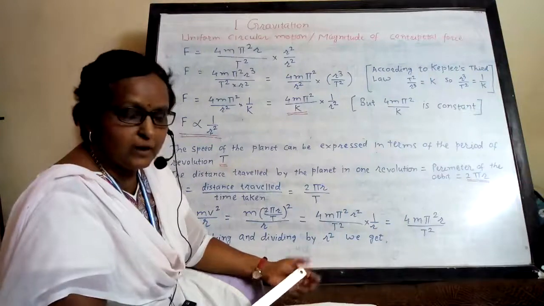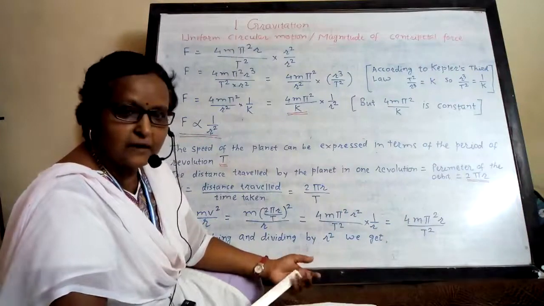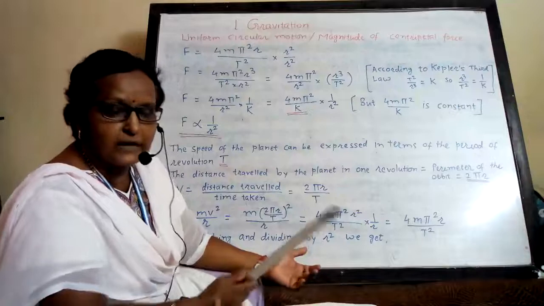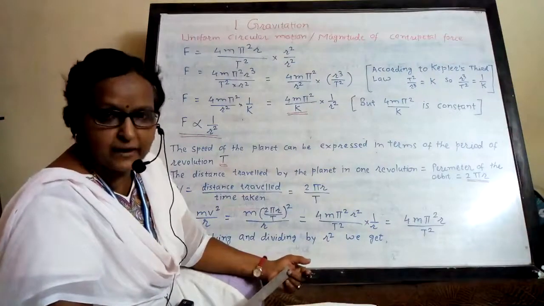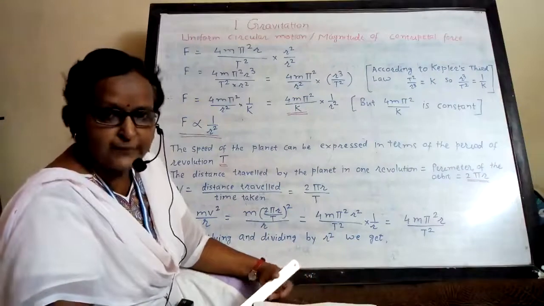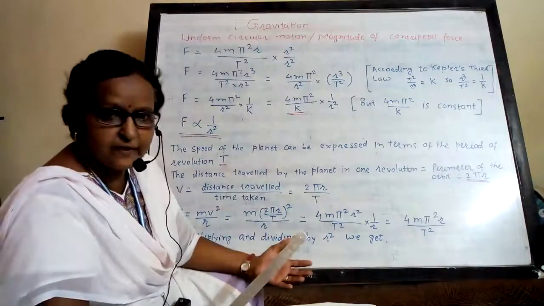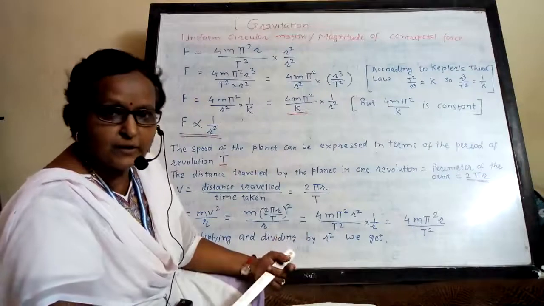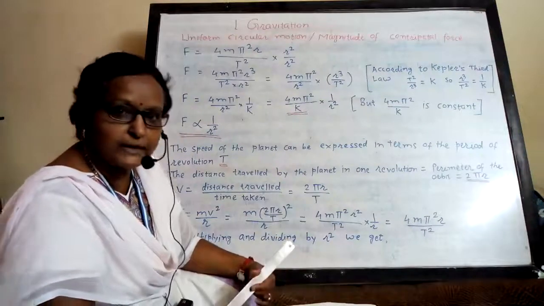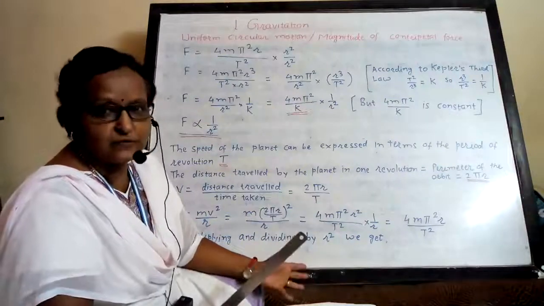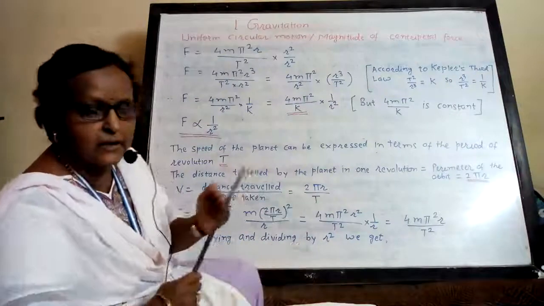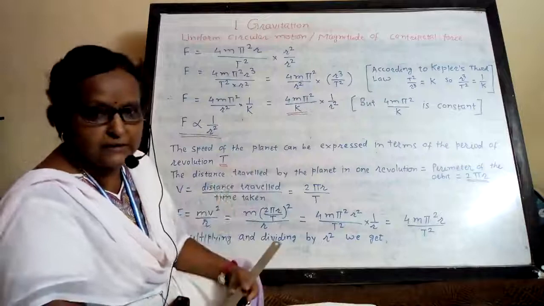Then you will ask, madam, why are we not attracted towards each other? This force of attraction, I have told you, is very much weaker. How much weaker, we will consider in a numerical example tomorrow, and then you will understand that there is a force of attraction, but it is negligible, so we are not attracted towards each other.